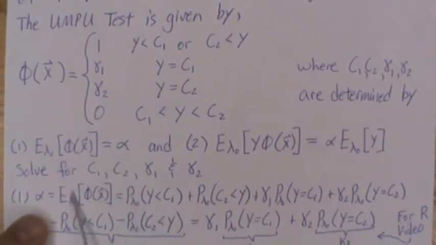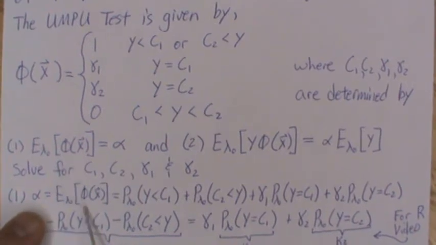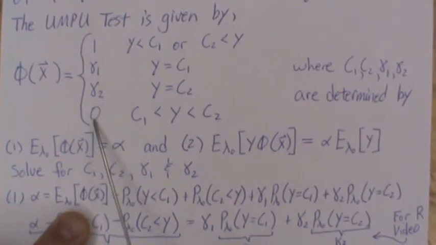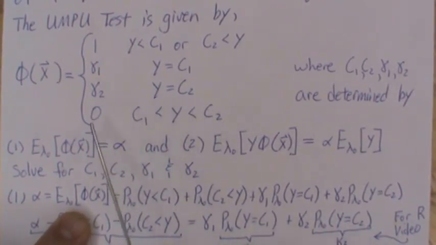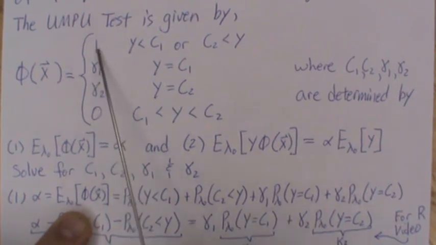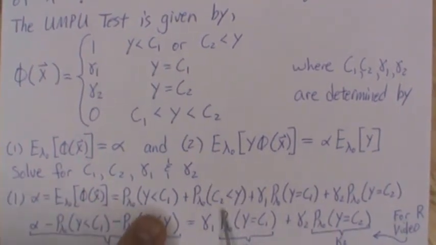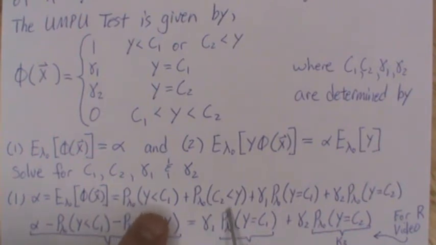So the first one: alpha equals the expected value of the test function. Since it's discrete with three values, it's the value it can assume times the probability of assuming that value. So it's 1 times the probability of that happening, which is this, plus gamma 1 times the probability that y is equal to C1, plus gamma 2 times the probability that y is equal to C2.